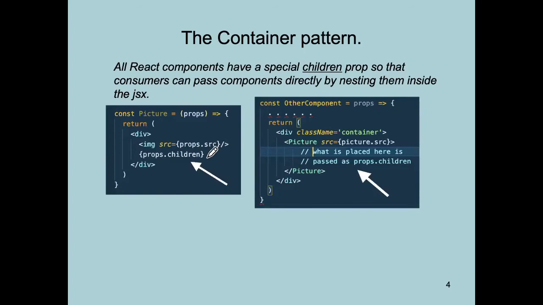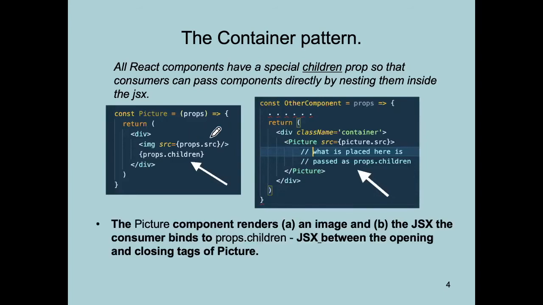Hence, the consumer is dictating what the picture component should render, as well as the picture component rendering an image. So the picture component renders A, an image, and B, what the consumer binds to the props.children prop, which would be some JSX.